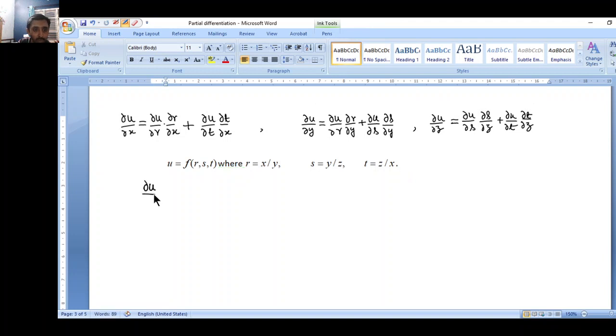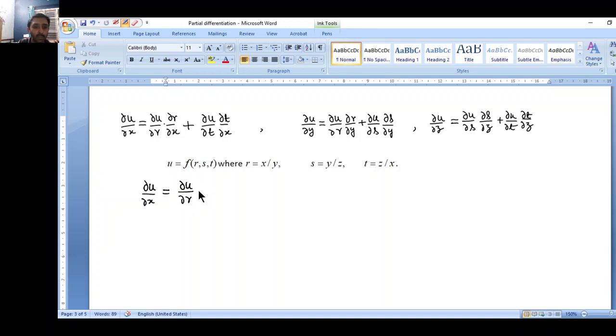So ∂u/∂x, what will this be now? First of all, ∂u/∂r. ∂u/∂r is about finding the derivative of u with respect to r, because u is given to be f of r, s, t, where f is a general function. We will not be able to find the exact expression for ∂u/∂r, so we'll simply retain it as it is.